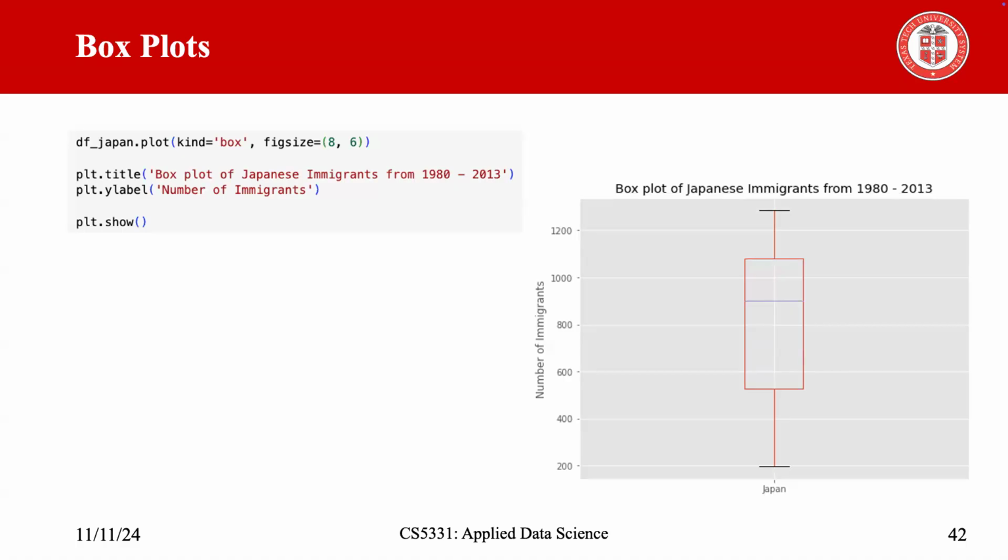And from this figure, we can easily get some information, like the minimal value would be 200 here, the maximum immigration value would be 1,300, and the median will be here, like 900. So this is some very straightforward information we can get.